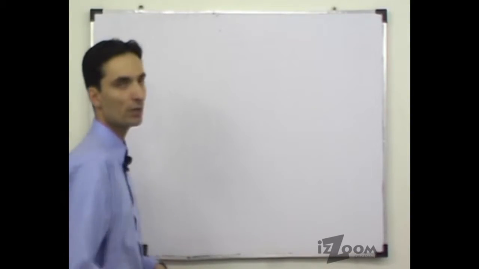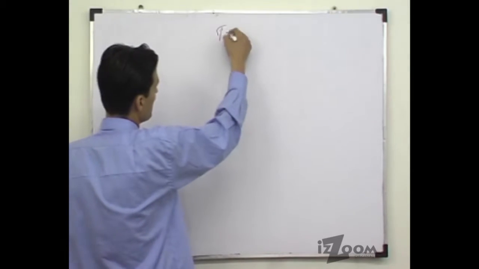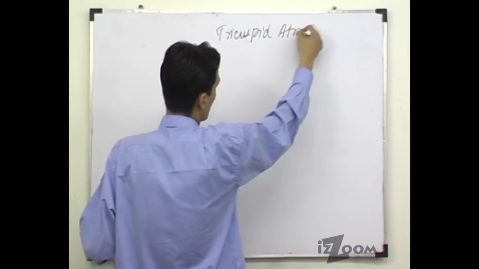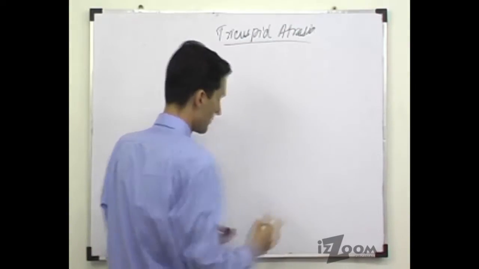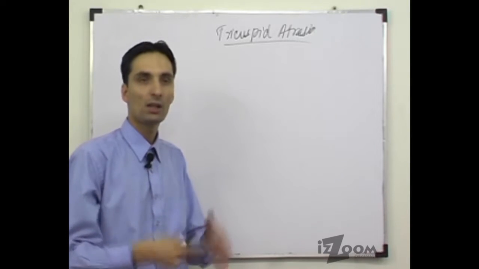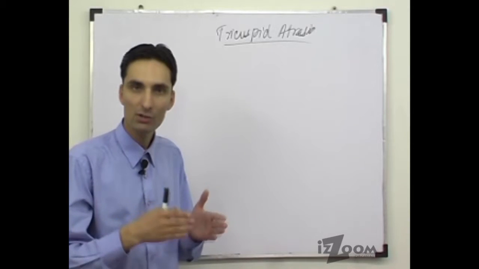The next congenital anomaly of the heart that I'm going to be talking about is tricuspid atresia. In tricuspid atresia, the tricuspid valves are atretic, that is, the valves present between the right atrium and the right ventricle are atretic.